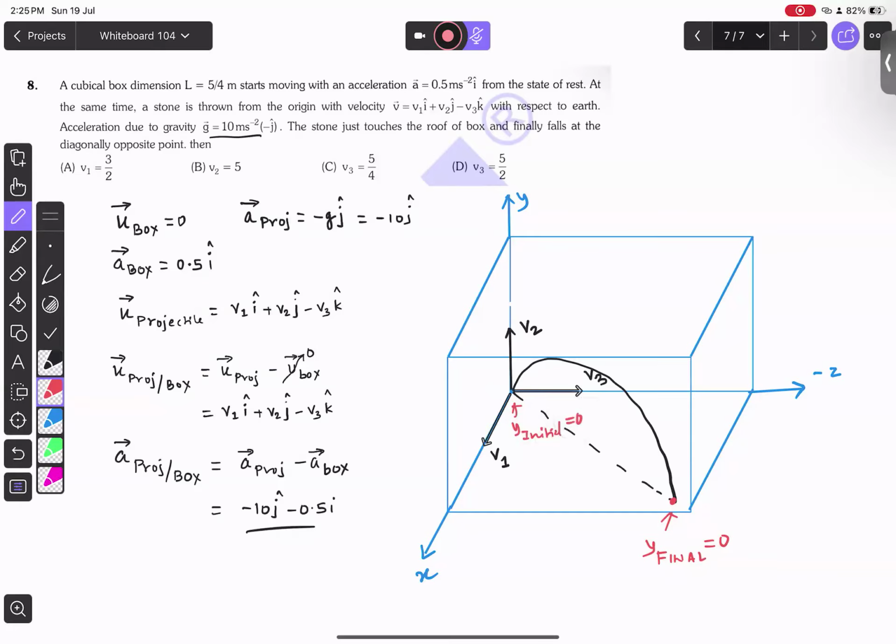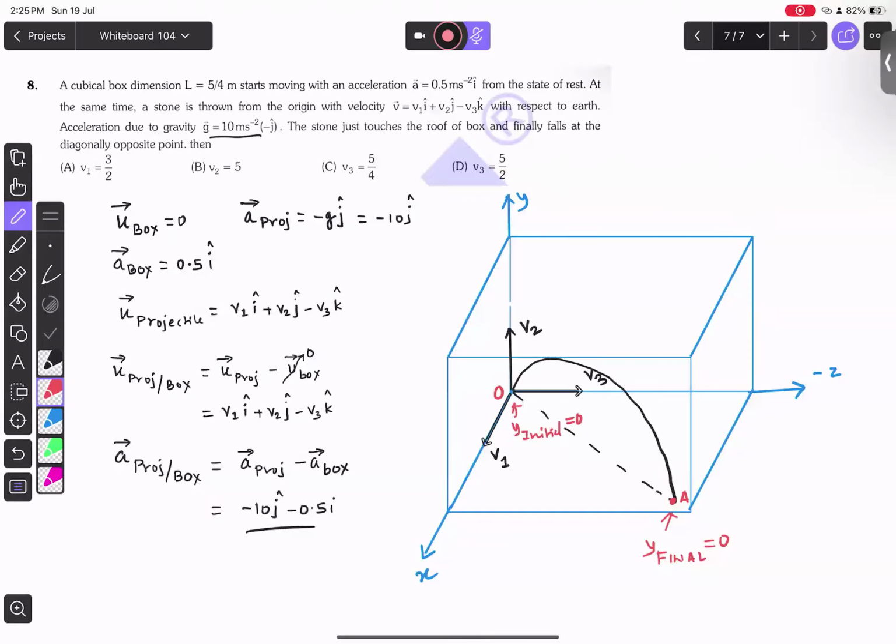And when it is thrown from O and reaches a point, suppose A, the range will be OA. But whenever it is at A, it will have some z coordinate, some x coordinate, but no y coordinate. The y coordinate will be 0 only.